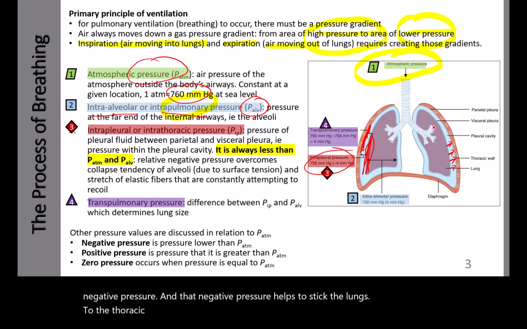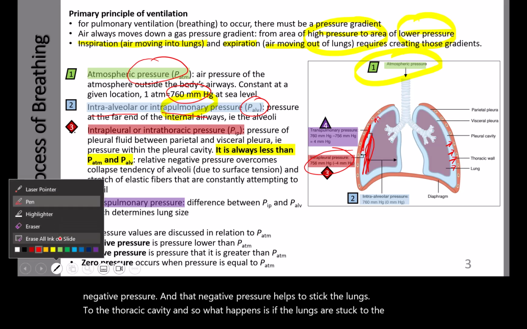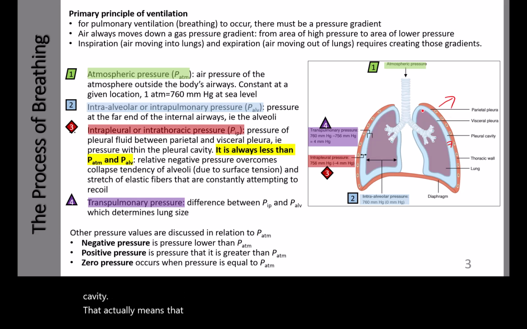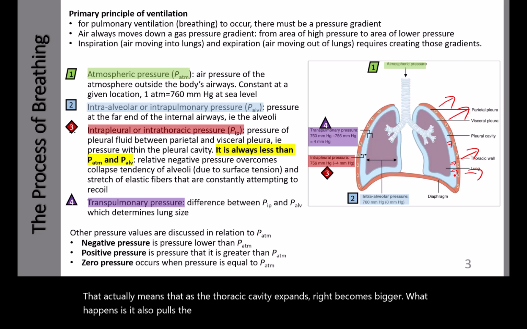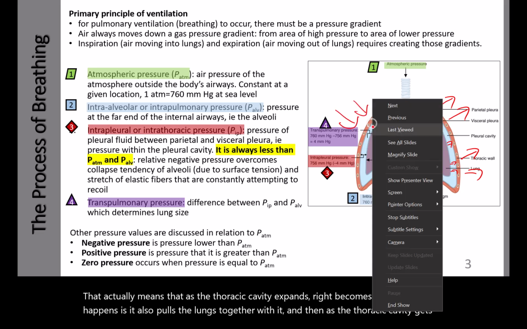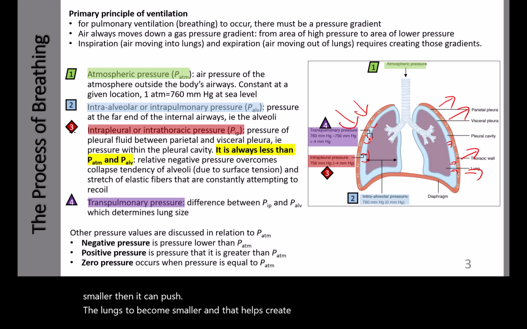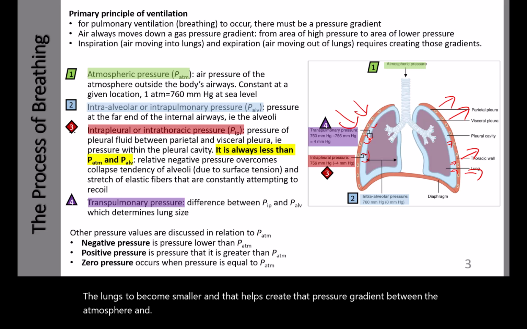And so if the lungs are stuck to the thoracic cavity, that means that as the thoracic cavity expands, right, becomes bigger, it also pulls the lungs together with it. And then as the thoracic cavity gets smaller, it can push the lungs to become smaller. And that helps create that pressure gradient between the atmosphere and inside of the lungs or the alveoli.